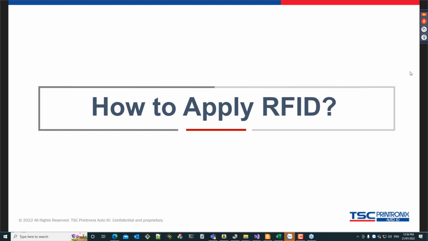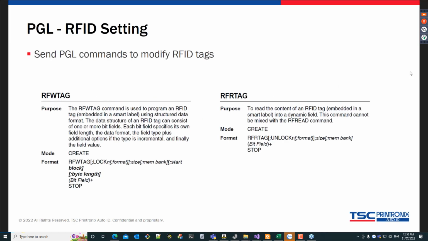So, back to our Printronix printer. How could we apply the RFID tags with our Printronix printers? It's quite simple. I think most of you know there's a programming language called PGL, Printronix Programming Language. We just need to send the PGL commands to modify the RFID tags.